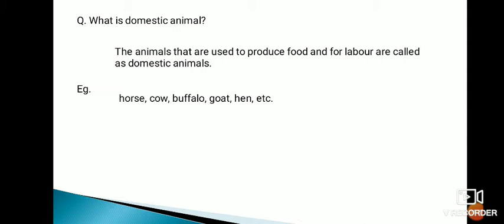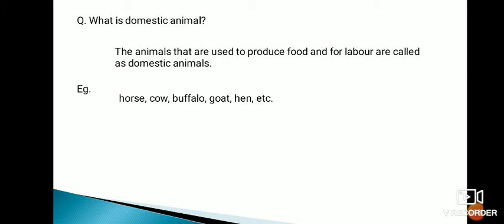This is the definition of domestic animal, and the examples are horse, cow, buffalo, goat, hen, etc. Now, as per the definition, the animals that are used to produce food. Cow gives us milk, right? Buffalo gives us milk, goat gives us milk, hen gives us eggs, okay. These animals give us food.